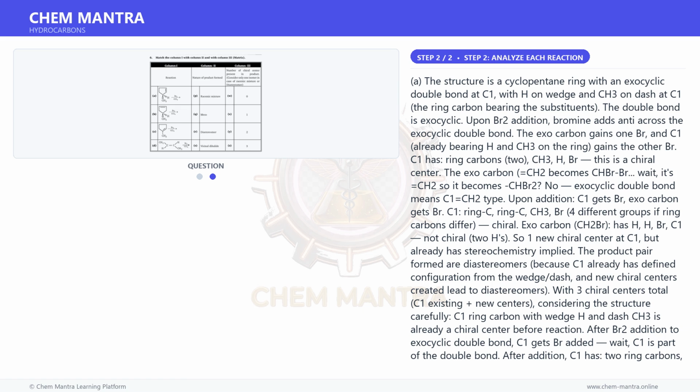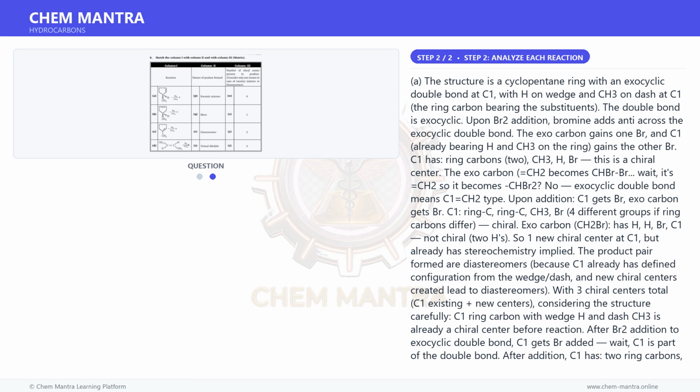B. The structure is 1-methylcyclopentene, endocyclic double bond in the cyclopentene ring, with H on wedge and CH3 on dash at C1, the allylic position. Actually C1 bears H wedge and CH3 dash and is adjacent to the double bond. Wait, looking again, cyclopentene ring, double bond in ring between C1 and C2, with H on wedge at C1 and CH3 on dash at C1.